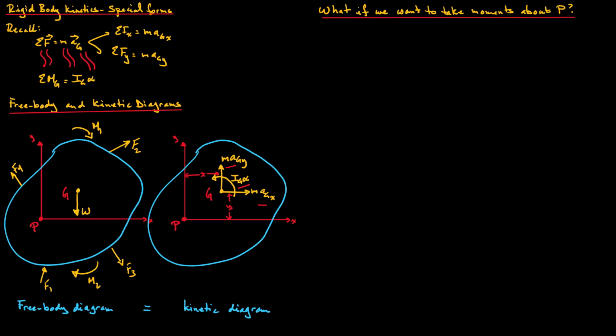So let's go back to an intermediate equation from our derivation, which stated that the sum of the moments about an axis passing through point P is equal to the negative of y bar m a_Px plus x bar m a_Py plus I_P alpha.